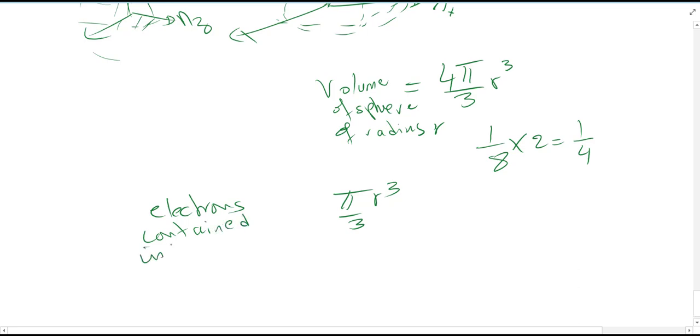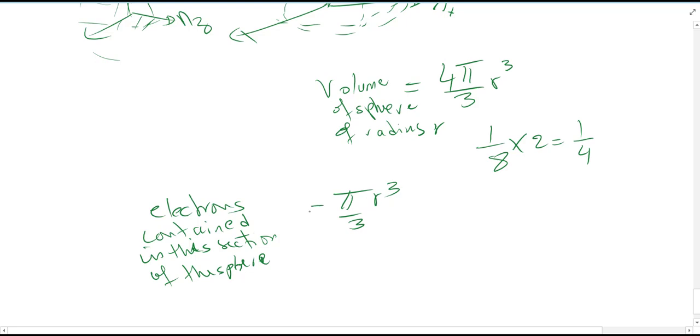Electrons contained in this section of the sphere. I already accounted for the fact that I can have 2 electrons per set of quantum numbers, nx, ny, and nz, because one of them could have spin 1/2, and the other one spin negative 1/2.